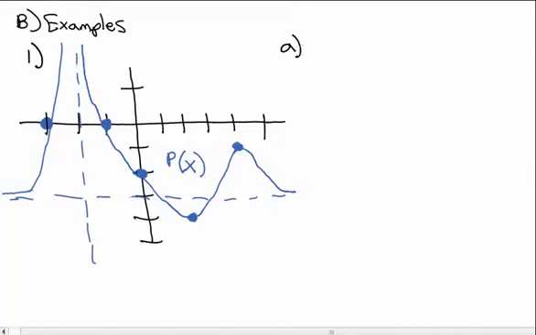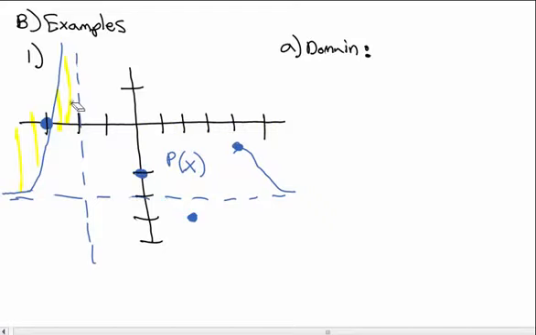So first thing I'm going to ask is, what is the domain? Notice the domain is going to be if we were to bring the x-axis up, squeeze everything down onto x. When we do that, what you might notice is the only thing missing, the only thing that's not part of the graph.